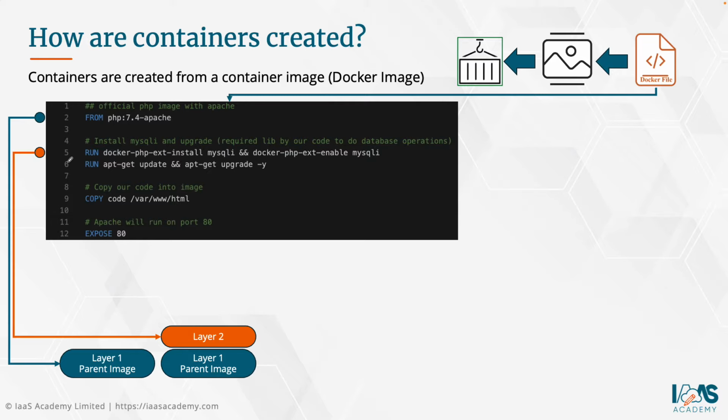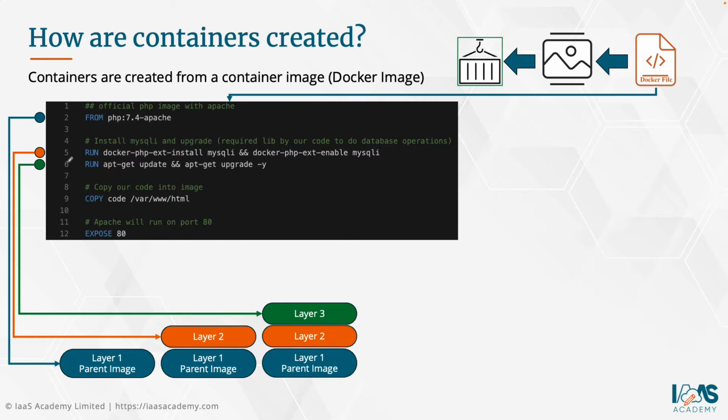That adds yet another layer to your image. We're doing some updates. That becomes the third layer in the image. Hopefully you're beginning to see that every command that is being run adds yet another layer to this image. Each of these layers and the image itself comprises an entire file system, where each layer acts as a differential element that goes on top of the overall image.